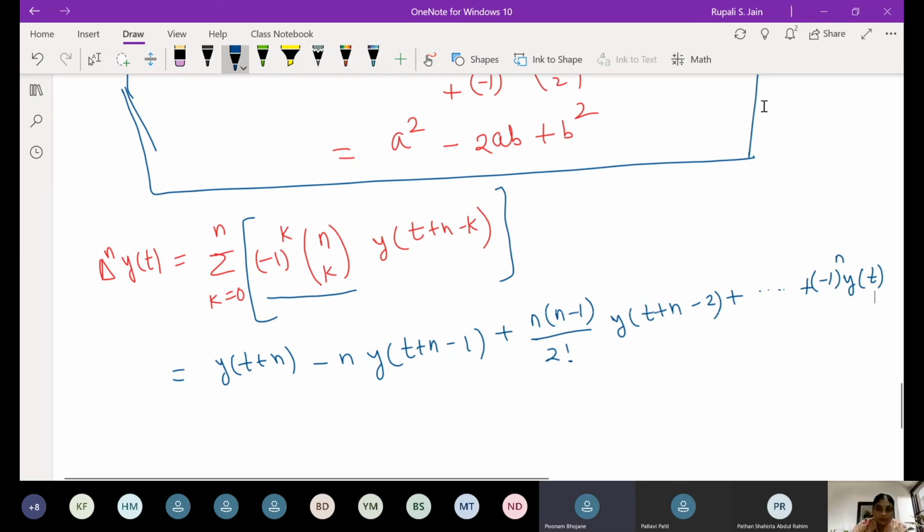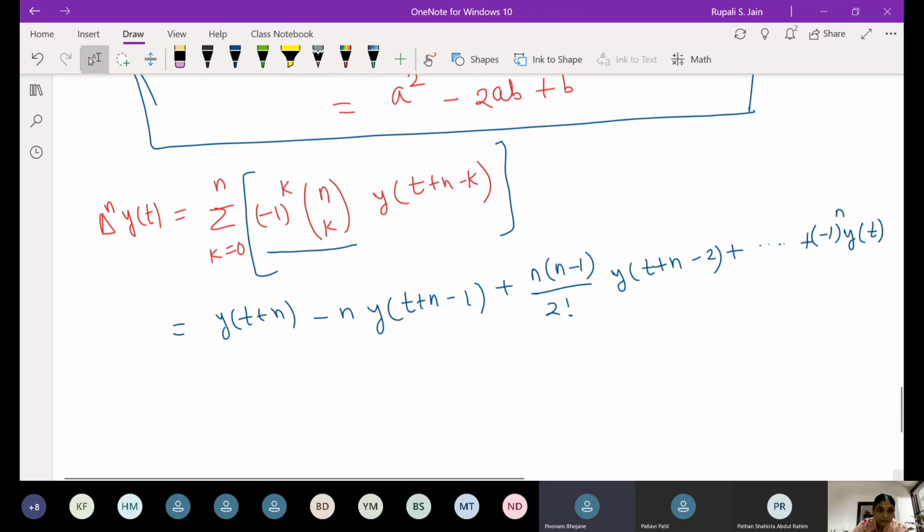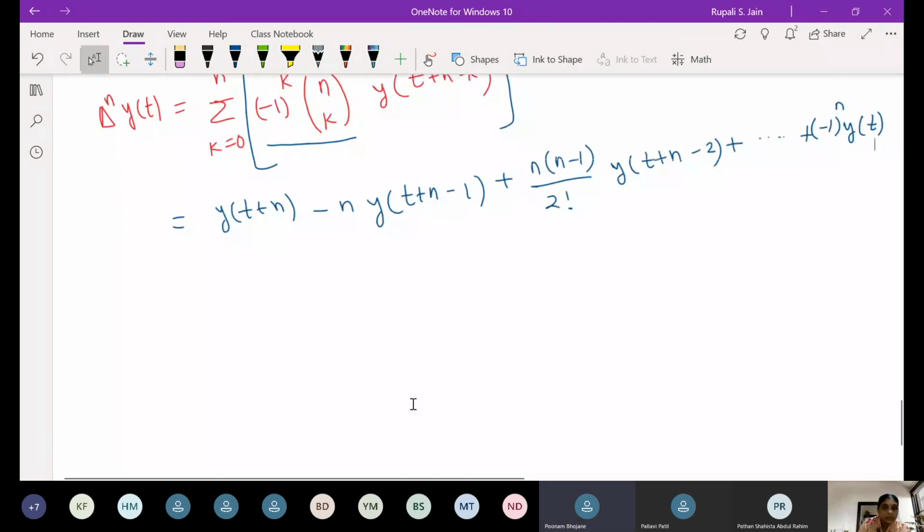That is my delta nth order difference of yt. This is my general formula for the nth order difference of yt.